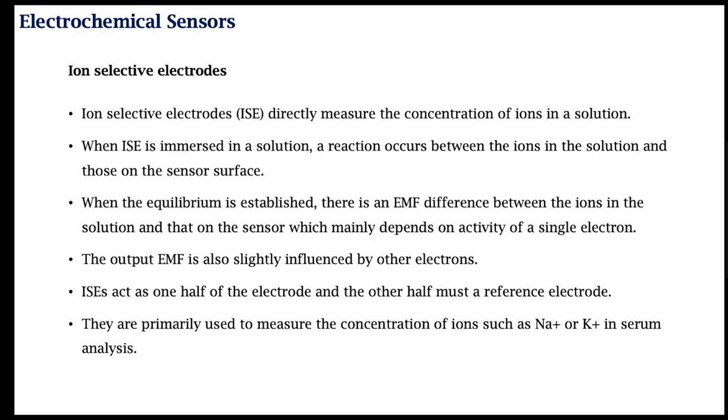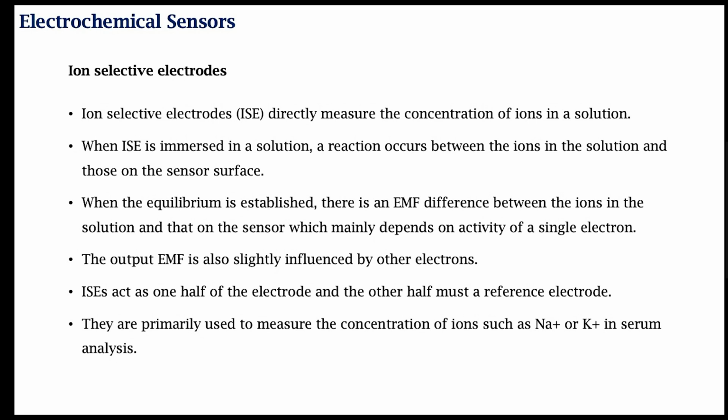The first topic of interest in this case is the ion selective electrode. With ion selective electrodes, the idea is to measure the concentration of a particular ion in a given solution. When an ion selective electrode is immersed in a solution, usually a reaction happens between the ions in the solution and those on the sensor surface.